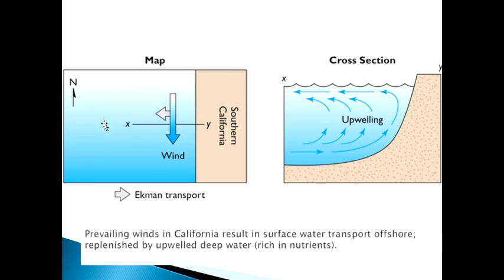If water is pulled away from the shore, because sea level stays level, it gets replaced by water from depth, upwelling. And so Southern California, sunny place, but it also has this upwelling of nutrients, which means a double positive as far as feeding and starting the photosynthetic primary productivity.